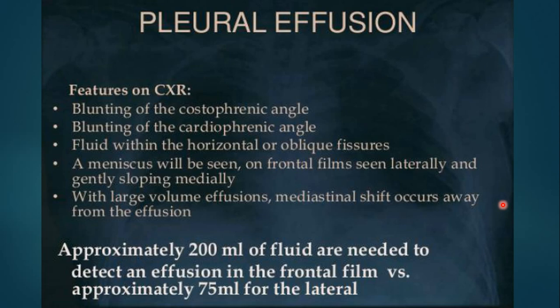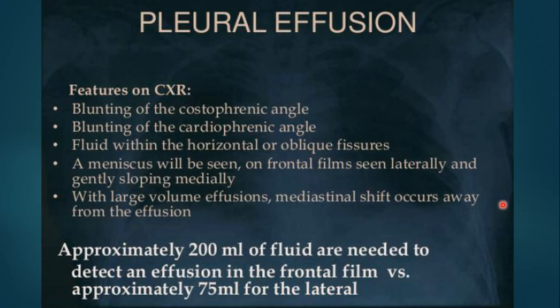It's seen on the frontal films, and it will be on the lateral aspect of the hemithorax and gently sloping medially, while with large volume effusions, mediastinal shift will occur away from the side of the effusion.